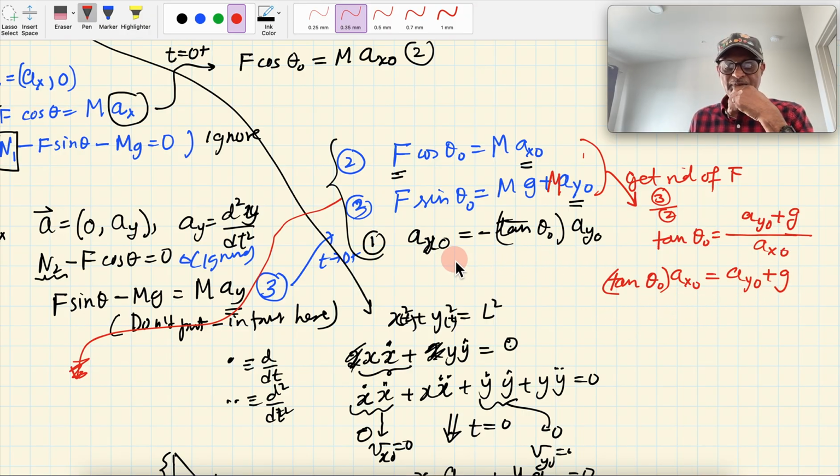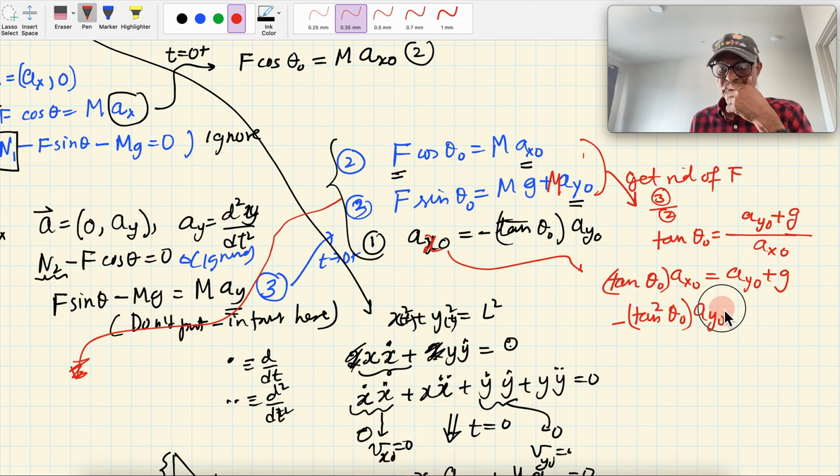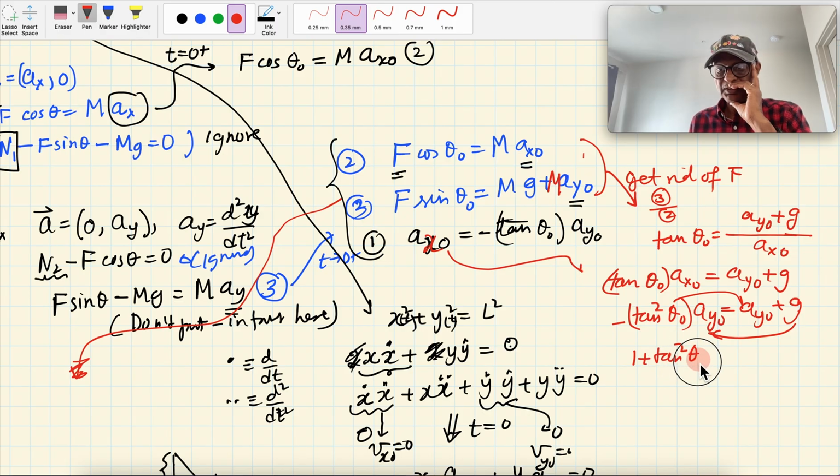Okay, seems like I can just put x in there, which makes tangent squared theta 0 times a y0 equal to a y0 plus g. So I can put the g on the other side. So 1 plus tangent squared theta 0 times a y0 is minus g, and this is just sec squared theta 0.